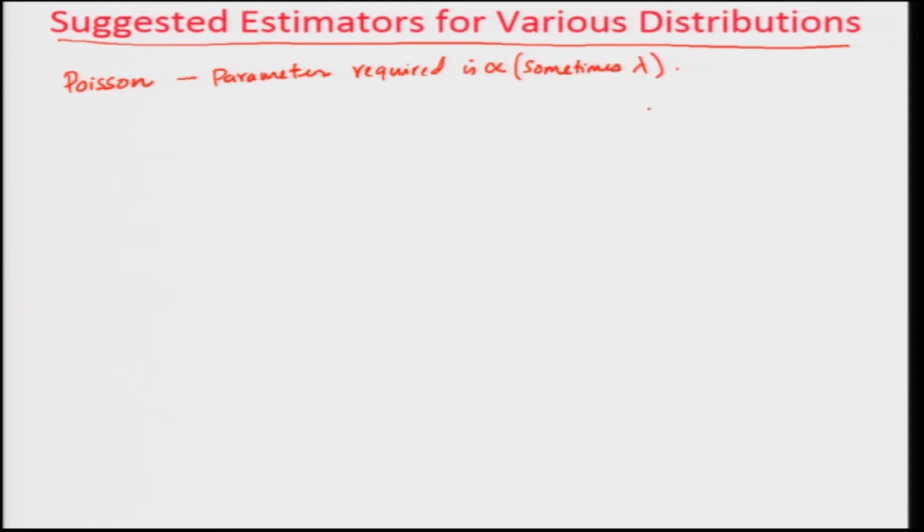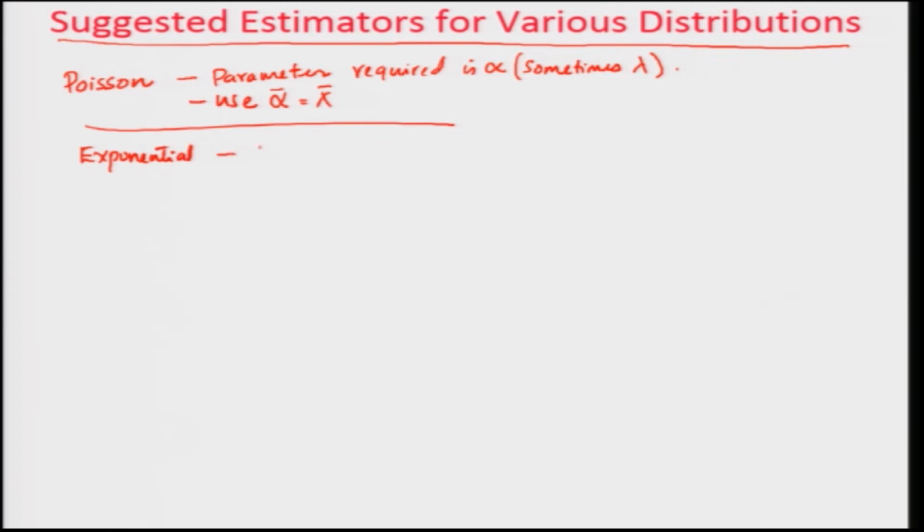The rule is to use alpha equal to x bar. You use the mean, so alpha bar can be estimated as x bar. That is one case. Next, the exponential distribution.